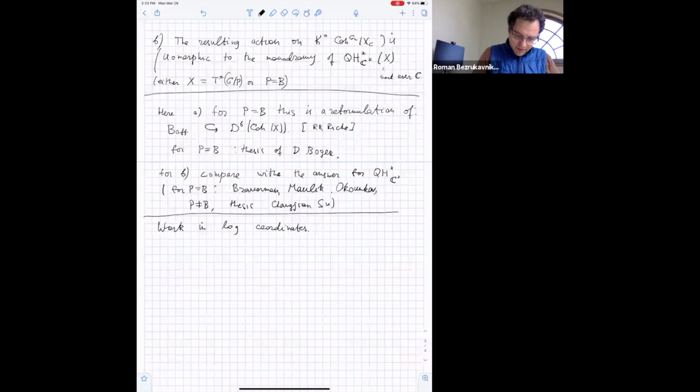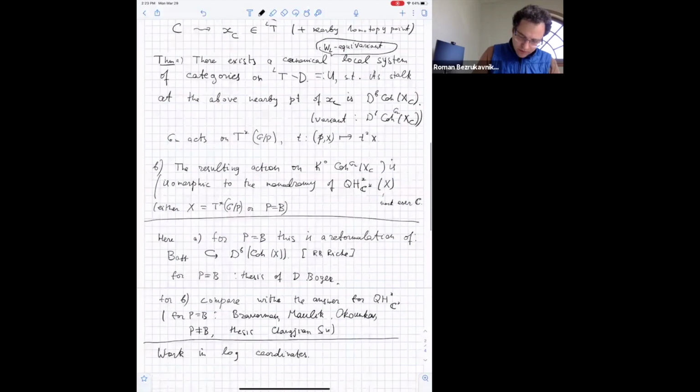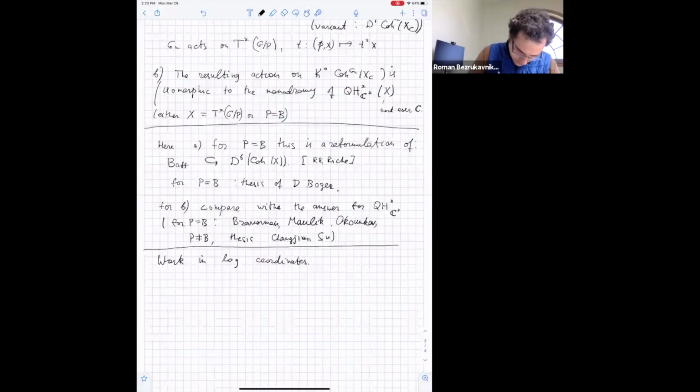So we have our torus, our space V, which is also the algebra of the torus.